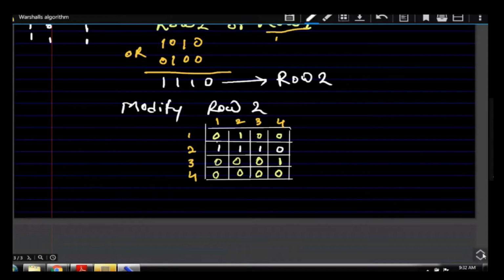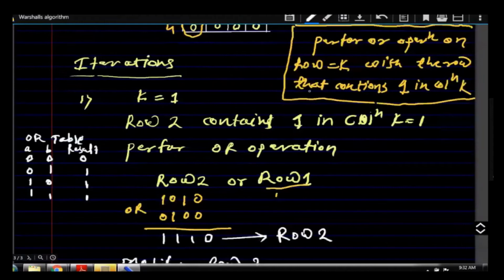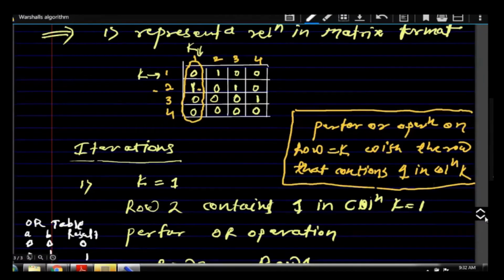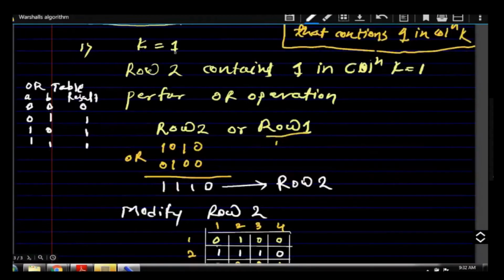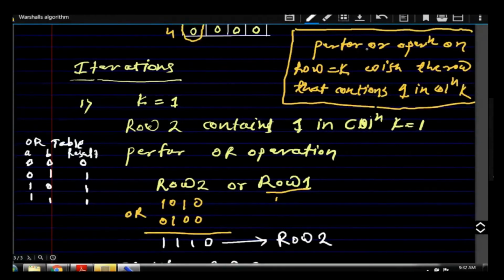Let us understand again the steps we have done. First we represented the relation in matrix format like this. Then we took k equals 1, for row and column. Then we perform this operation: OR operation on row equals k with the row that contains 1 in column k.